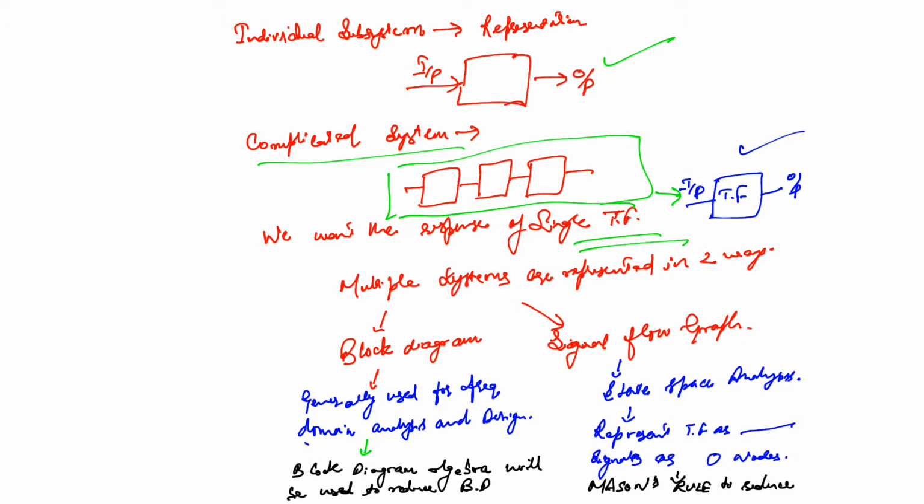Now the multiple systems can be represented in two ways. One is the block diagram and second is the signal flow graph.